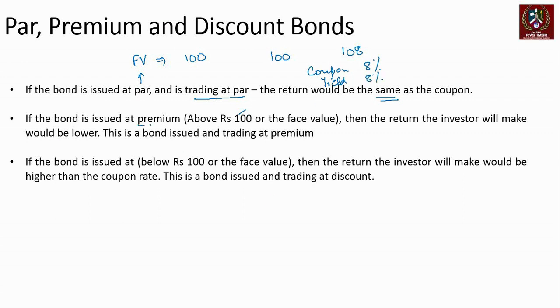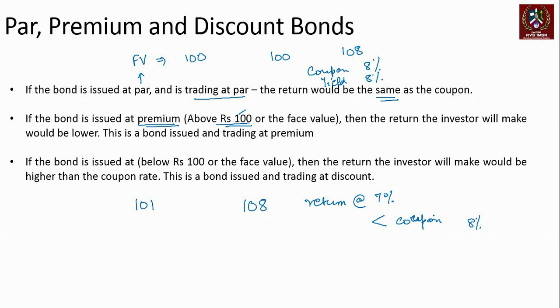If the bond is issued at a premium, which means above rupees 100 or face value, let's say 101, and the final value is 108, your return was approximately 7%. Return is less than the coupon rate of 8%, right?